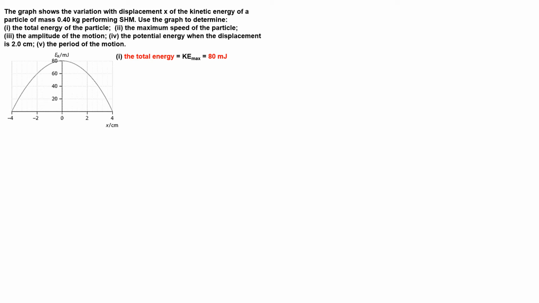The maximum speed is found as follows. The amplitude is taken from the graph. From the graph, we take the kinetic energy when x is equal to 2 centimeters. The potential energy is total energy minus kinetic energy.